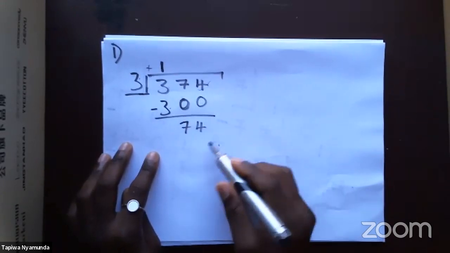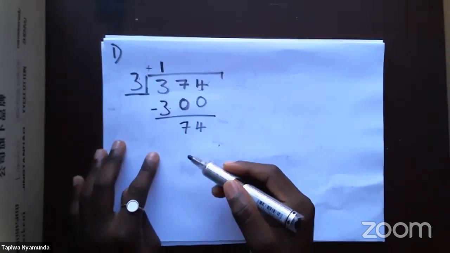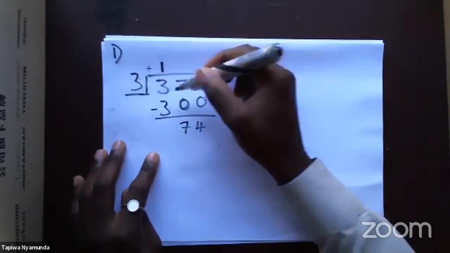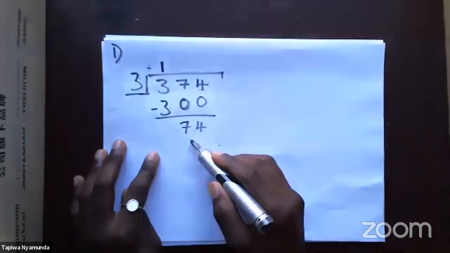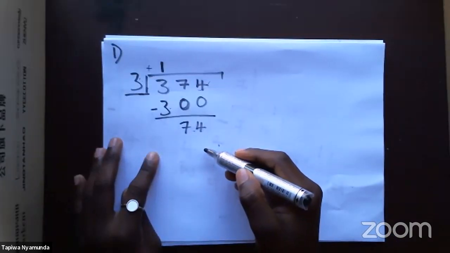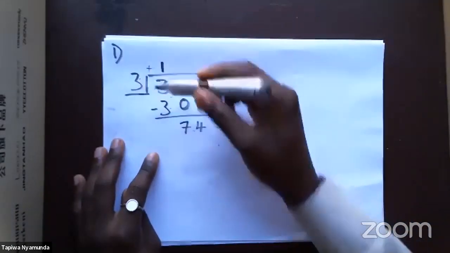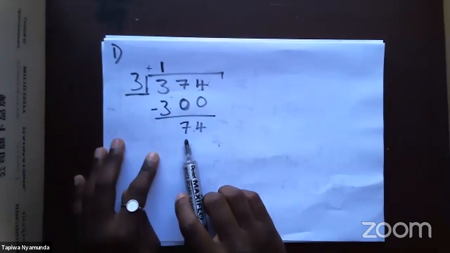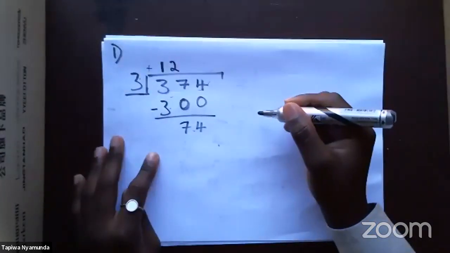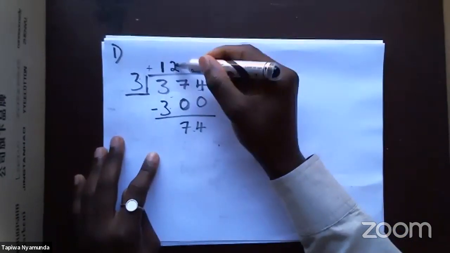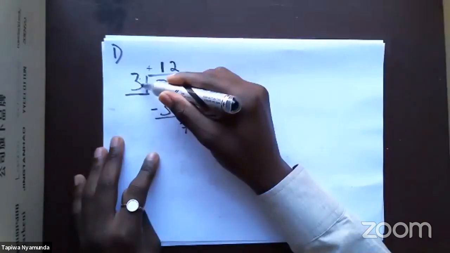When I reach this stage, now I'm going to divide again, like I did here. I'm going to divide 3 into 74. 3 into 7, I get a 2, right? Then 2 multiplied by 3, I'll get a 6.